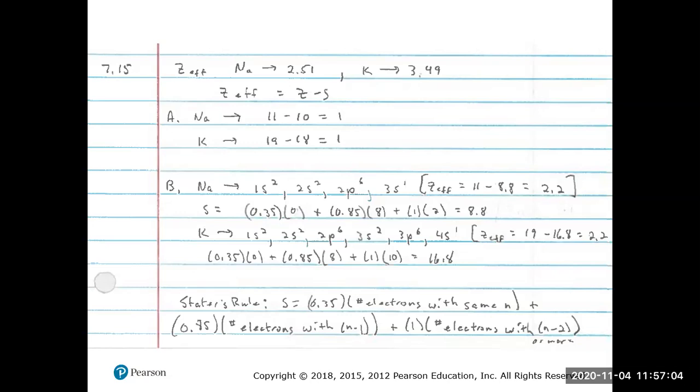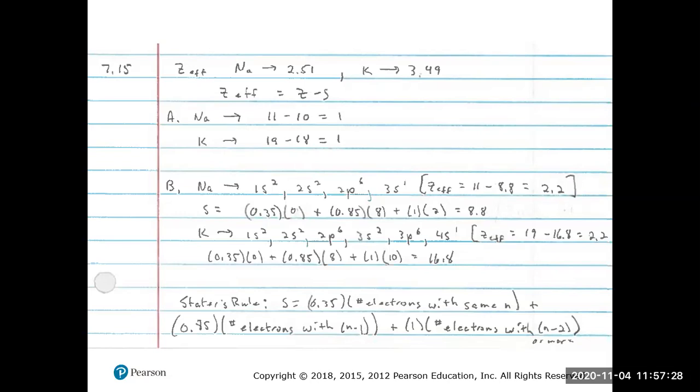That's the 1s orbital, and we have 2 electrons there, so that's 1 times 2. If we do that math to calculate the shielding constant S, it's 8.8. And we see that the Z effective is 2.2: 11 minus 8.8 equals 2.2. That's using the Slater rules.